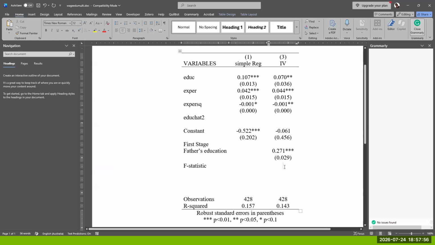You report that here and tell your reviewer that based on the Stock and Yogo assumption, the F statistic must be bigger than 10. This is also bigger than 10, so it's sorted. Then you argue out your exclusion restriction assumption and your paper is complete.